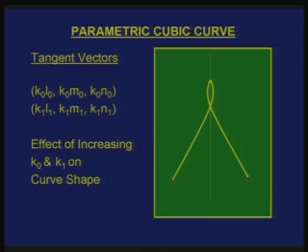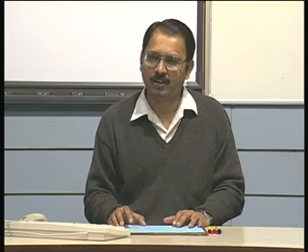If I increase further, it also starts forming loops, which is an undesirable characteristic as far as curve definitions are concerned. So one has to be careful in using tangent vectors to define curves, so that I do not use very high values or values which are undesirable.